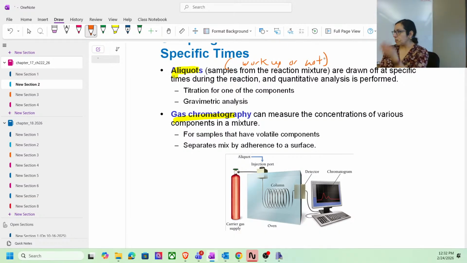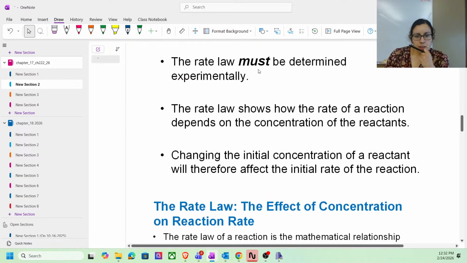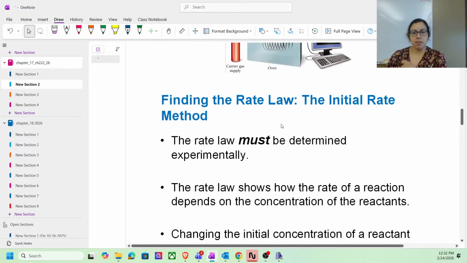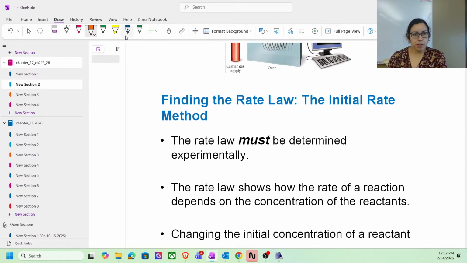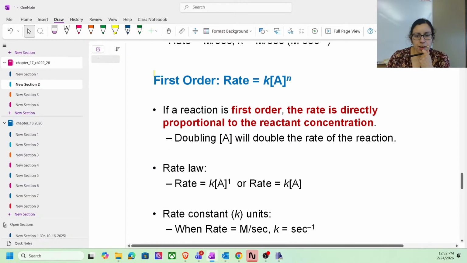That just means, is your sample ready to go, or is it maybe in a salt form, and that's why you would have to do a workup, and then it would be in the neutral form. So this is probably the biggest summary of chapter 17: determine your rate law experimentally. You can't do anything without data.